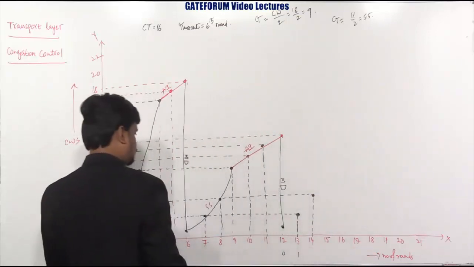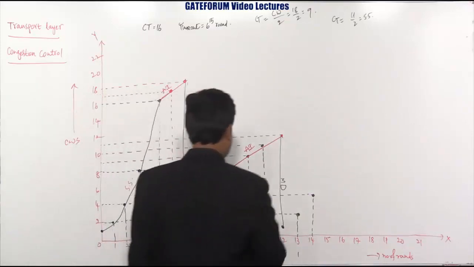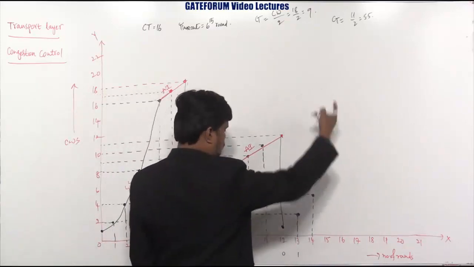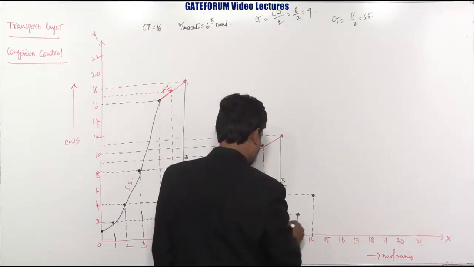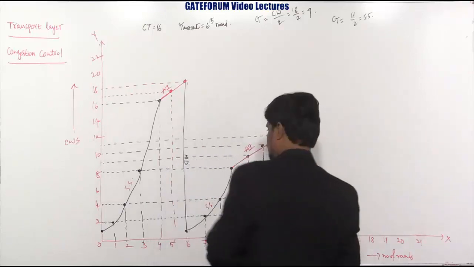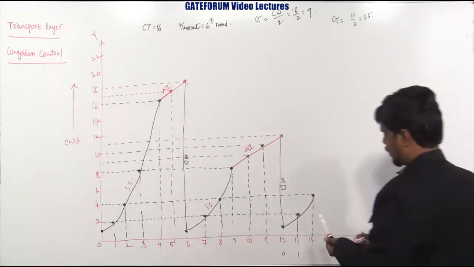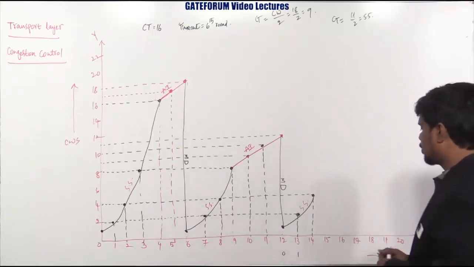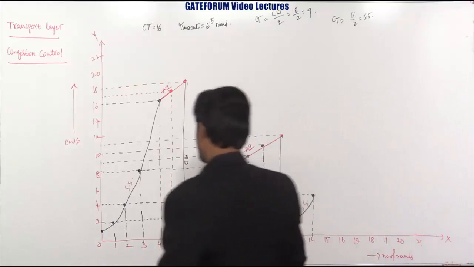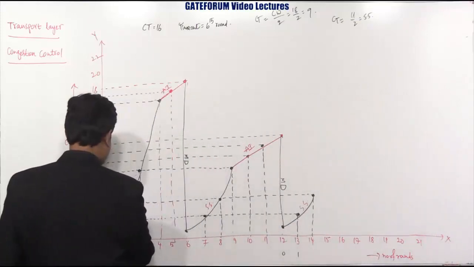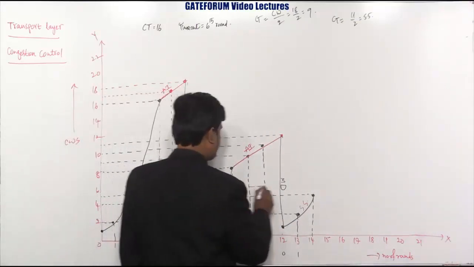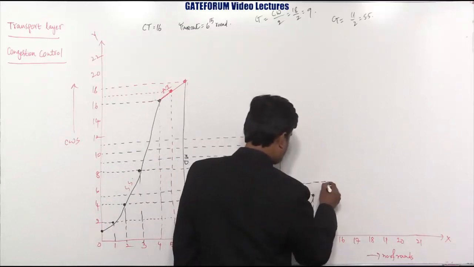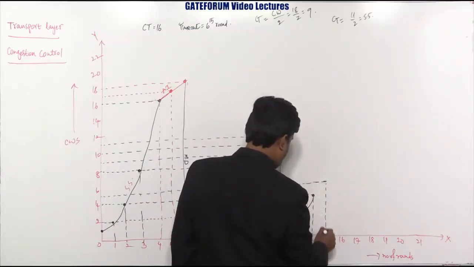The 15th I can consider as the third round, in which the congestion size is 8, but it is crossing the congestion threshold. So from this point to this point, this is called the slow start phase. So in the 15th round the congestion size becomes 5.